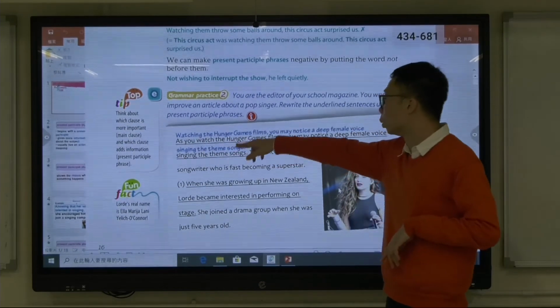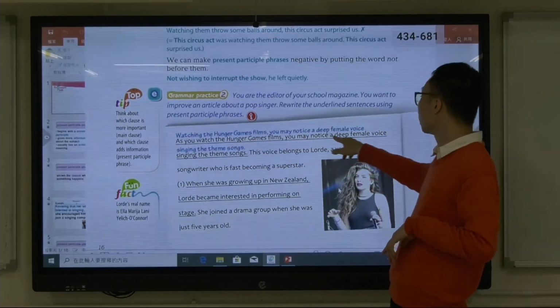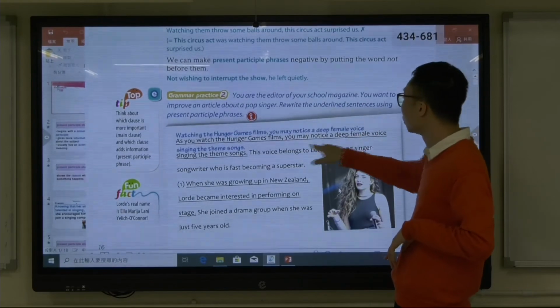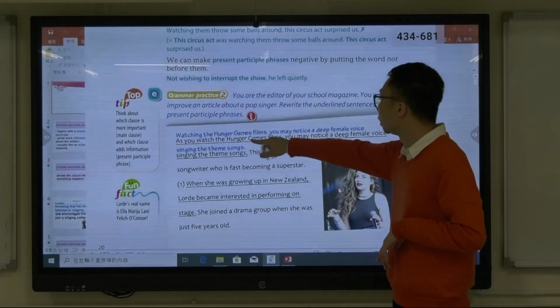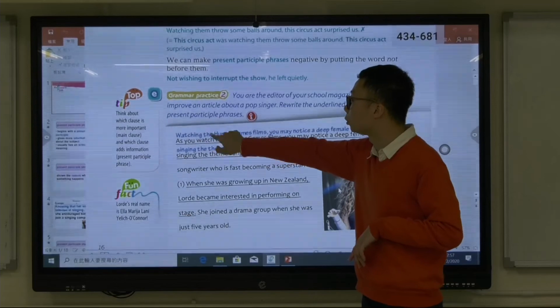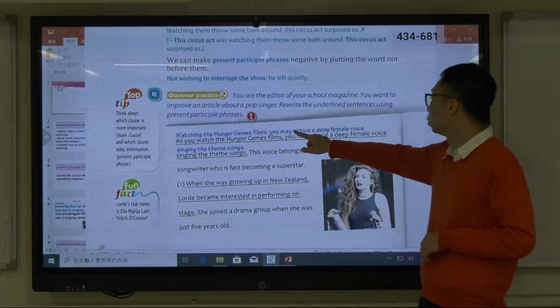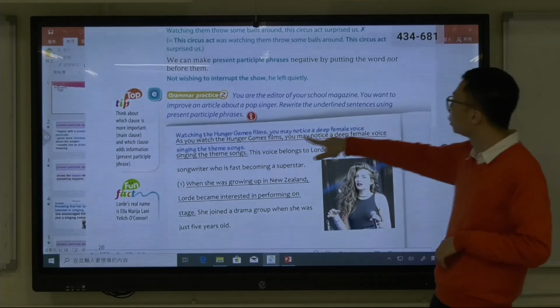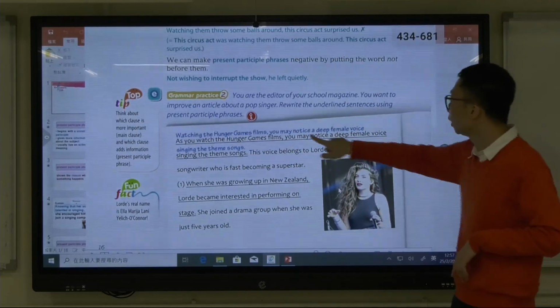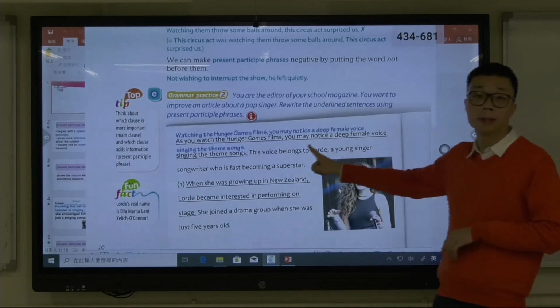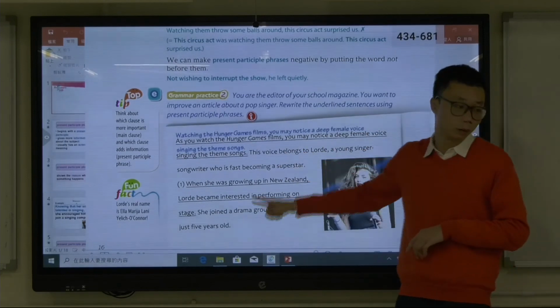As you watch the game films, you may notice a female voice singing the theme song. And then we just make sure you change the verb into an ing form, that's the present participle. And then you basically just write down the next thing, the main clause right here: you may notice a female voice singing the theme song. Alright, so this one would be categorized in which one?